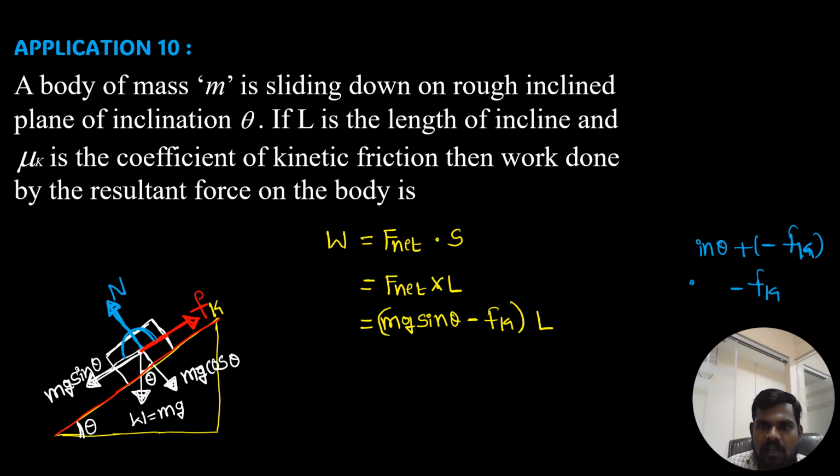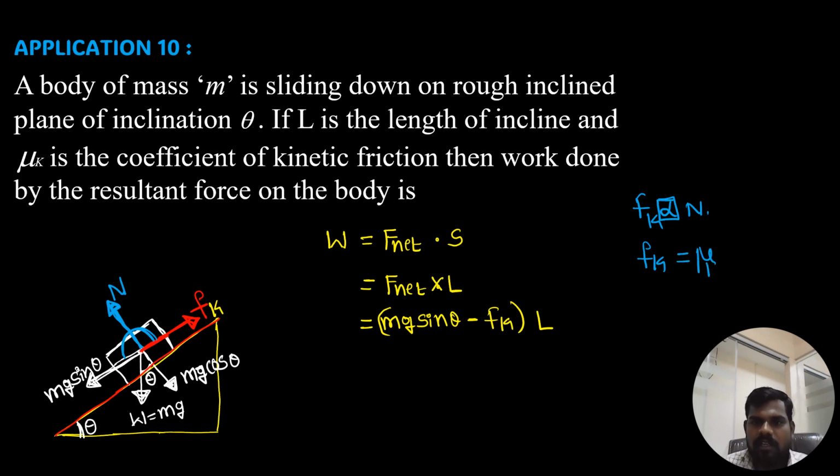According to the friction concept, the frictional force is directly proportional to the normal reaction, but in this case kinetic means I will take k. If you remove the proportionality, we get a constant. That constant we consider as mu, with suffix k, because the body is under motion, so it is the coefficient of kinetic friction. So f k is mu k into normal reaction.